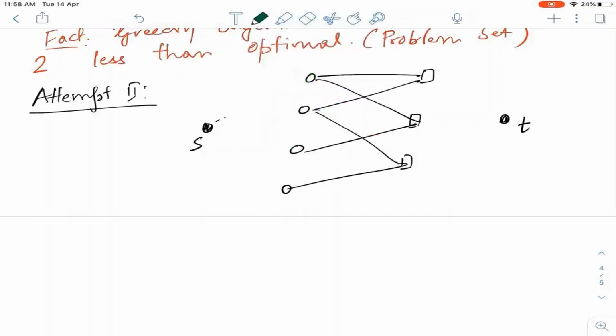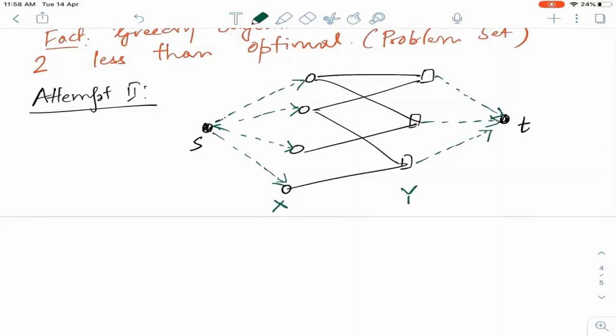Let me show the new edges in green. I will add a directed edge from S to every vertex on this side, and from every vertex on that side to T. This is my set X, this is my set Y. So that solves my source and sink issue.